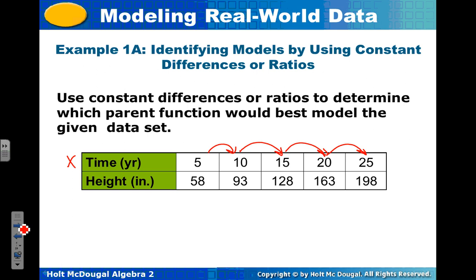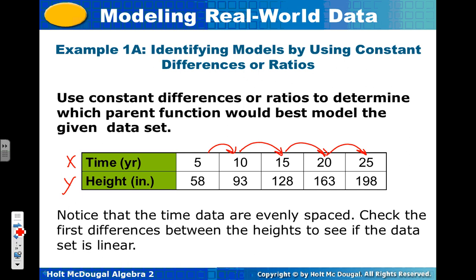Since those go up by the same number, let's check to see if the data is linear, quadratic, cubic, etc. And the way you do that is you find the first differences of the y values. So you would put in your calculator 93 minus 58, and then 128 minus 93, and then 163 minus 128, and then 198 minus 163.